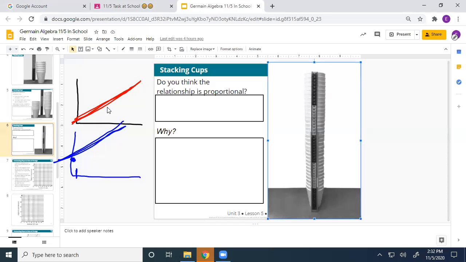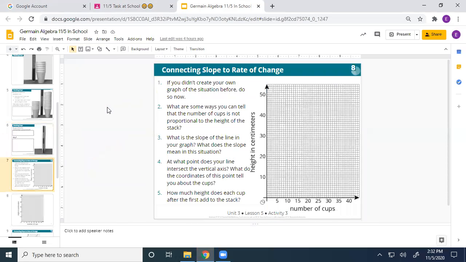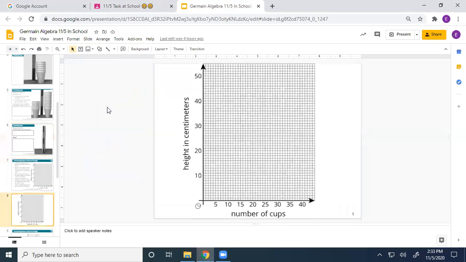So let's try to create a graph for ourselves of this situation. If we look at number 1 here, if you didn't create a graph on your own for this situation, we're going to do so now. We're going to do this together. We're going to find 3 data values, and we're going to plot them and connect them to create an equation line.